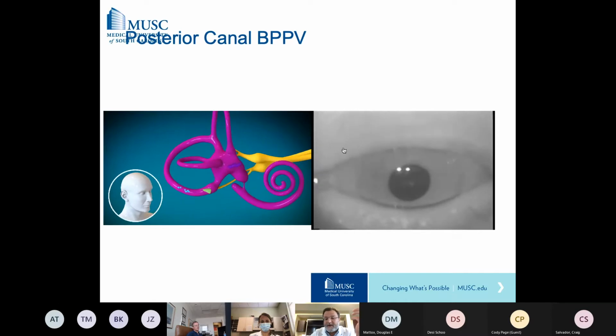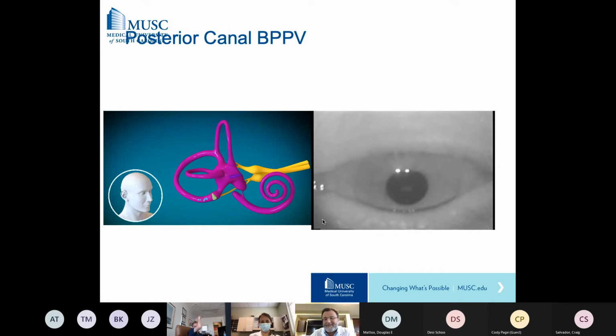When the patient sits up, there will be a flow of endolymph toward the ampulla, and you will have a reversal of the nystagmus, which is much more difficult to visualize with the naked eye. Usually, unless sometimes it's very evident, but a lot of times you don't see that reversal unless you're doing a video oculography.